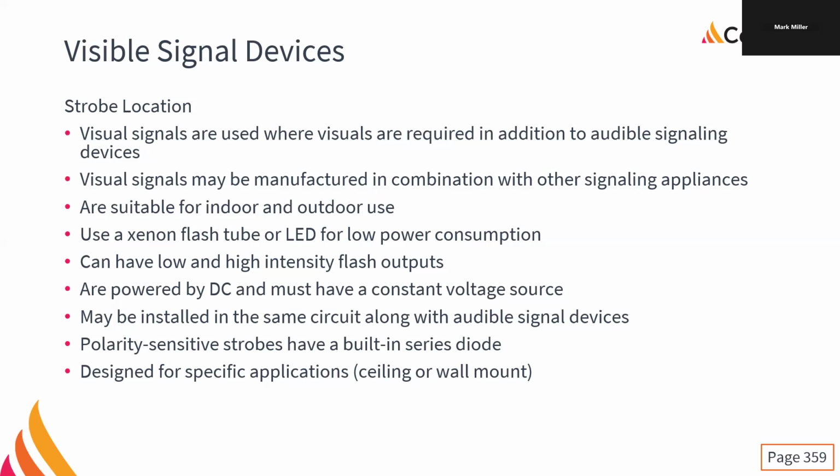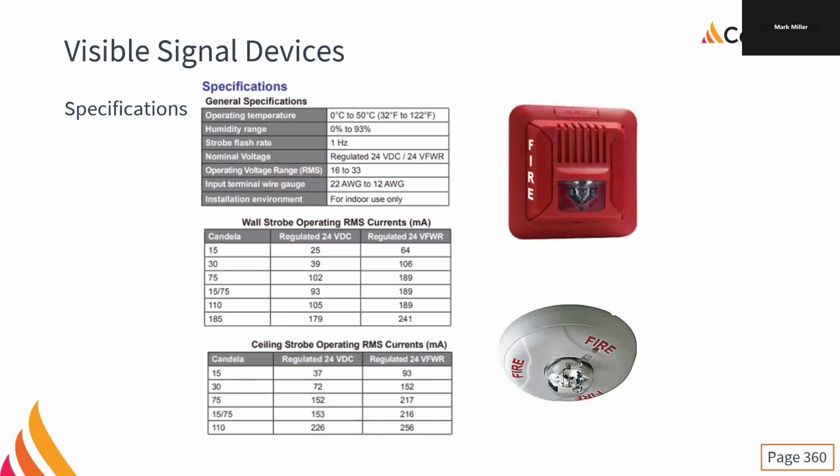The lenses are designed to throw the light in specific directions. So the lens of a ceiling mount and a wall mount is going to be completely different. Right? The device might look nearly identical, but it's going to be completely different lens and reflector design.